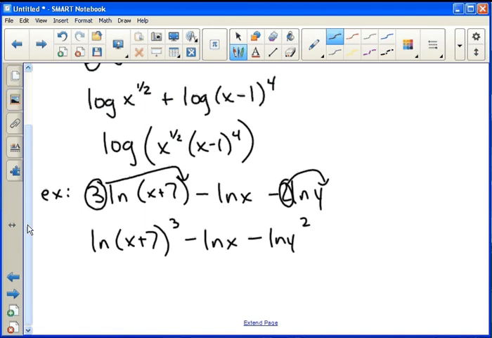So we get the natural log, x plus 7 cubed goes on top. And if you look, both of these next pieces are being subtracted, the natural log of x and the natural log of y squared. So both of them go on the bottom. So we get x, y squared on the bottom, because both are being subtracted, which means both need to be divided. Again, if you can just remember, negatives are associated with the bottom, positives with the top.